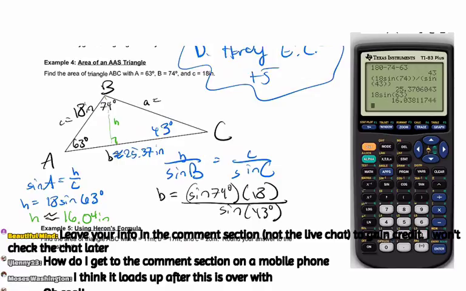So now we have that the height is approximately 16.04 inches, right? So the area of the triangle is 1/2 the base times the height, so it's going to be 1/2. The base is our B, approximately 25.37. The height is the 16.04, and we'll get our number that way.